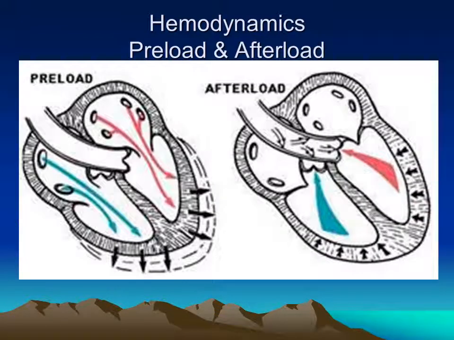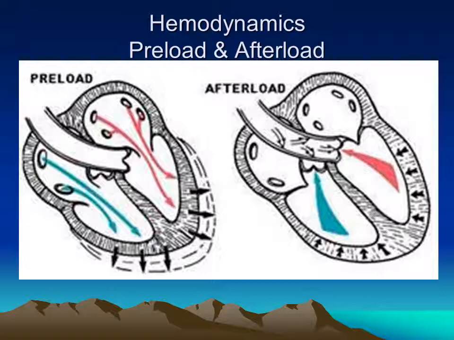The two depictions of the hearts, if you'll notice the arrows, the preload is the contraction, and now it's expanding to allow fluid to enter the right and left side of the heart. Again, by definition, we said that preload was the amount of fluid available for entry into these chambers.